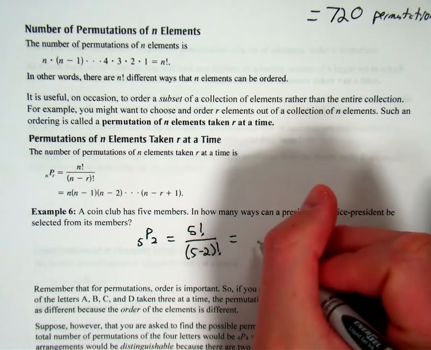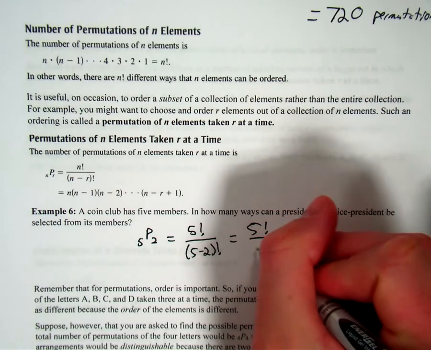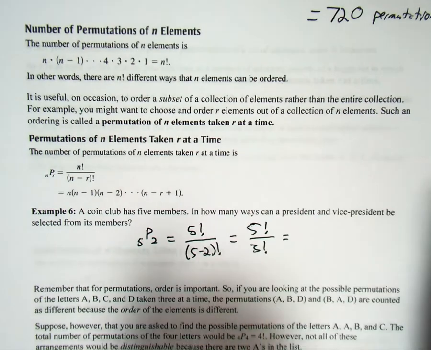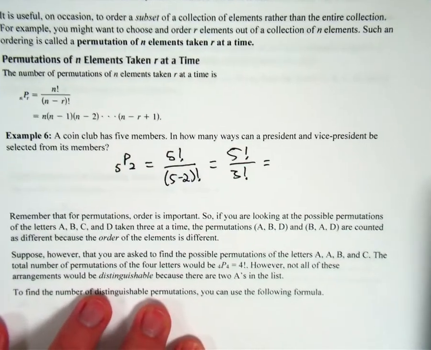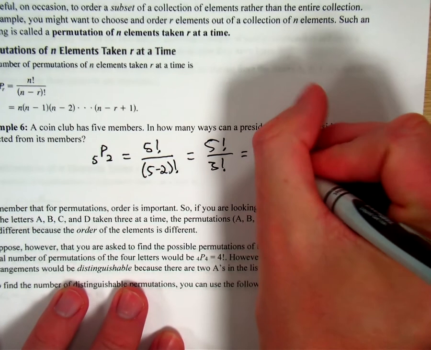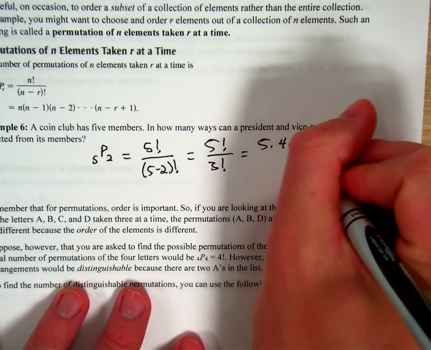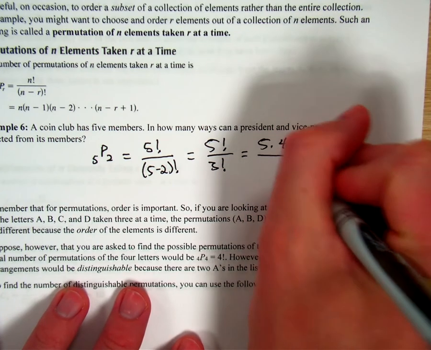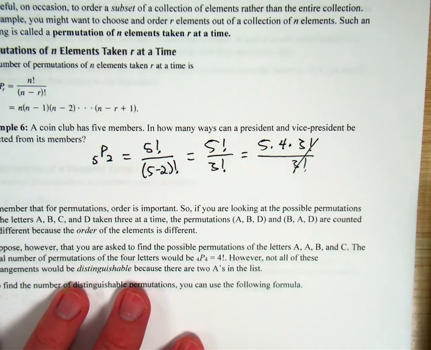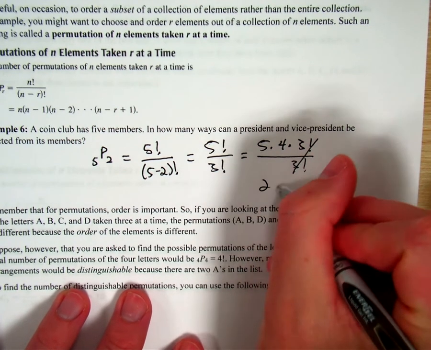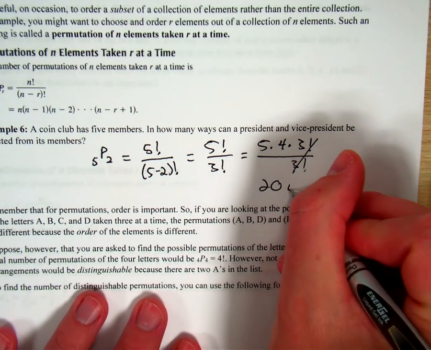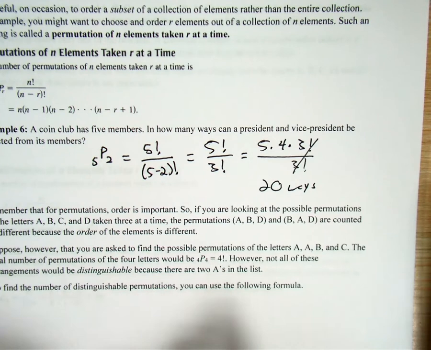So we have 5 factorial over 3 factorial. If we simplify this down, 5 times 4 times 3 factorial over 3 factorial, the 3 factorials cancel. We get 5 times 4, 20 different ways you can come up with a president and vice president out of a group of 5 people.